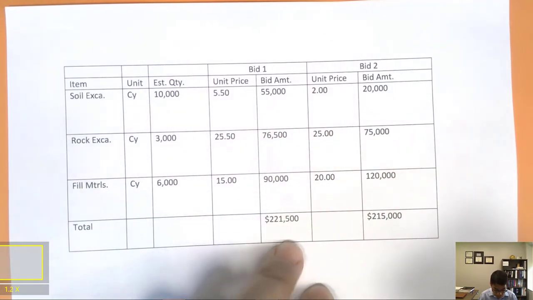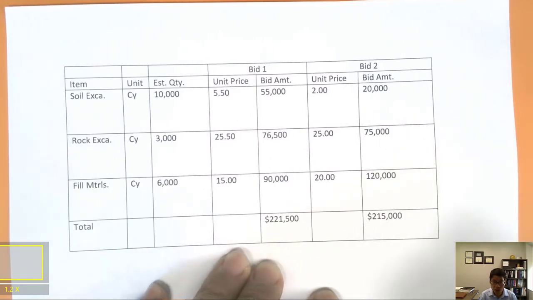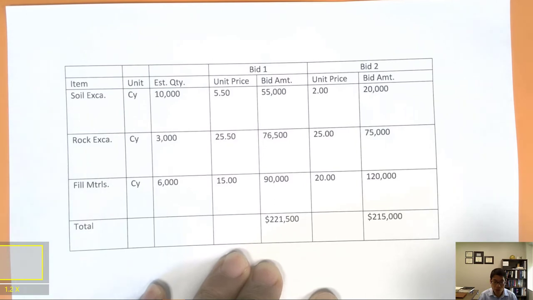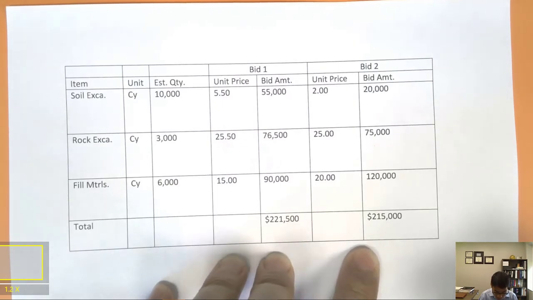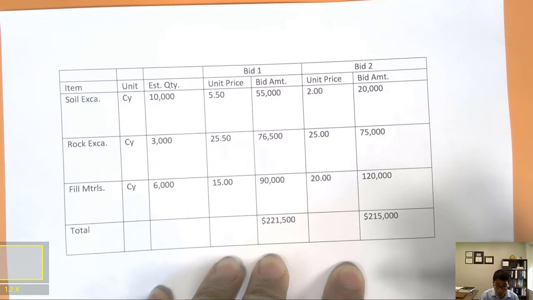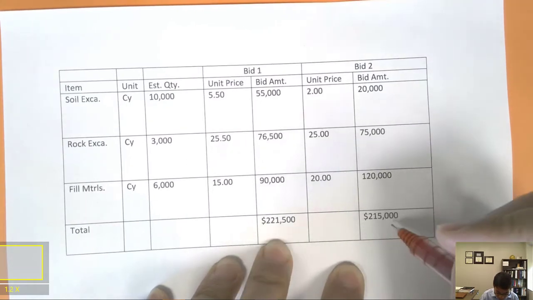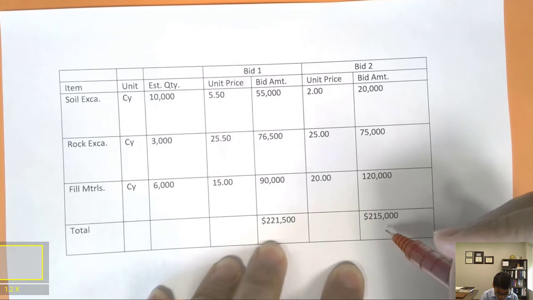We already mentioned that typically when the owner tries to select the bid, if nothing else is different, or if we are working with DOTs, they always have to go with the lowest bid. So among bid 2 and bid 1, by looking at the total cost, the owner typically would go with bid 2 because the total cost is lower.